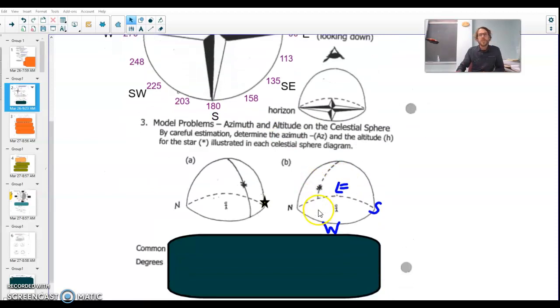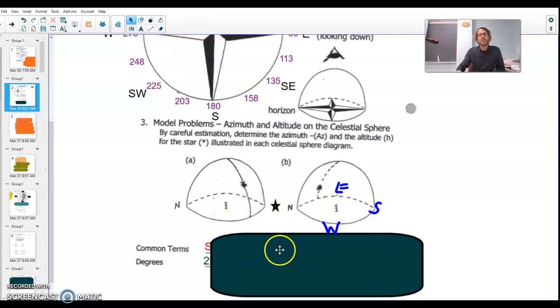Some examples down here. So in this case here, we have north, and we have a star. Well, I think that star's supposed to be up there, I'm not sure. Anyway, we have north, so let's make this south, east and west in this diagram here.